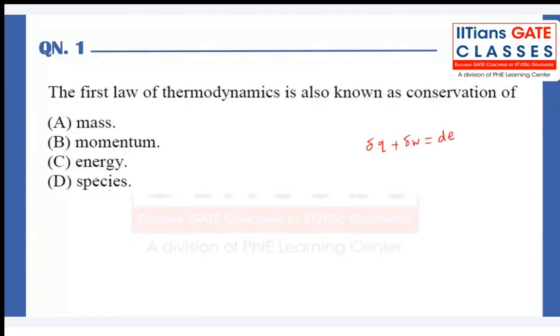This is very straightforward, but it is worth discussing the individual parameters. The individual mathematical symbols we are using here have a specific meaning. We use delta Q, delta W, whereas I use dE. So what does this actually indicate?